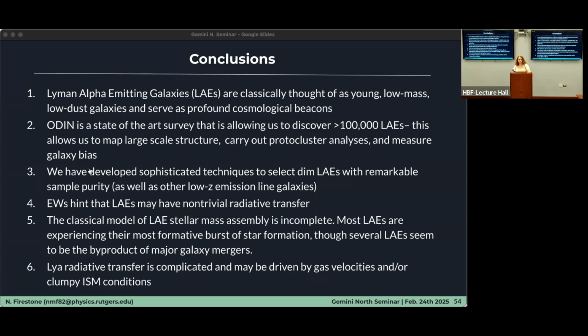So I think what could be potentially informative, and this isn't something I've done yet, is to take some of our O2 or O3 emitters, since we have various equivalent widths associated with them, and look at their star formation histories and their SED fits, and see if we can pull out information about the dust there and other galaxy properties and compare that way to see if they're similar to LAEs.